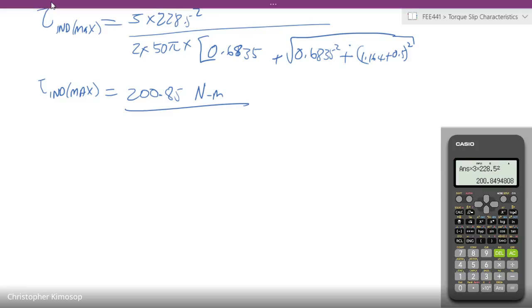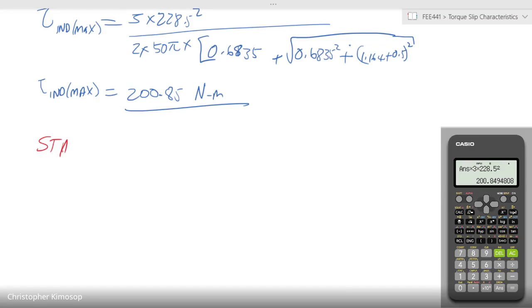So let's just write it down. We want to do starting torque. At start, the slip is equal to what?